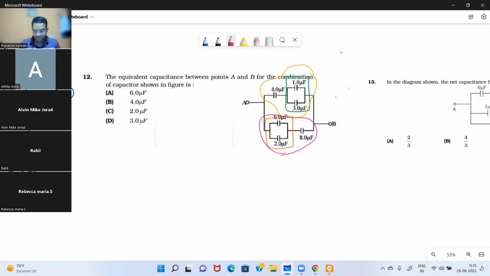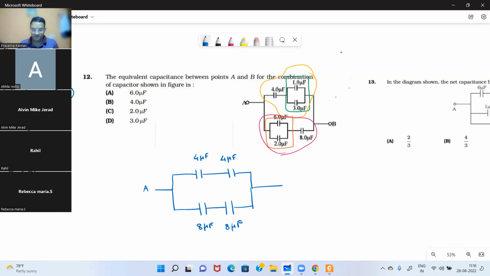All right. So at the top, we are having 4 microfarad and another 4 microfarad in series. Below, we are having 8 microfarad and 8 microfarad, which are in series. 4 and 4 in series will give you 2 microfarad.